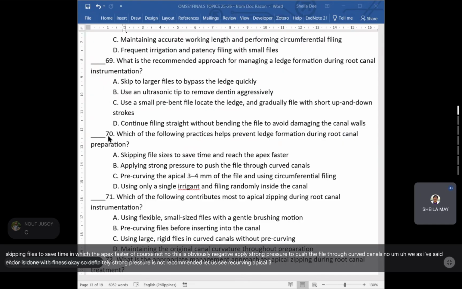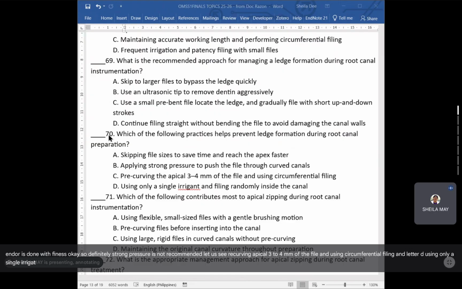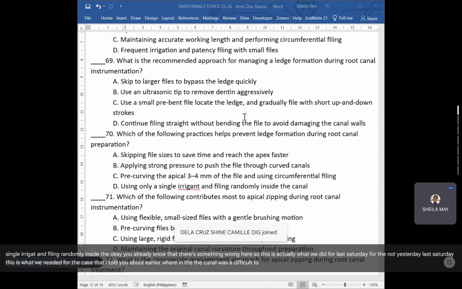Letter C, pre-curving the apical 3 to 4 mm of the file and using circumferential filing. And letter D, using only a single irrigant and filing randomly inside the canal. You already know that there's something wrong here. This is actually what we did last Saturday, because there was no clinic yesterday, for the case that I told you about earlier, wherein the canal was a bit difficult to engage the entire length, and there was almost ledging.